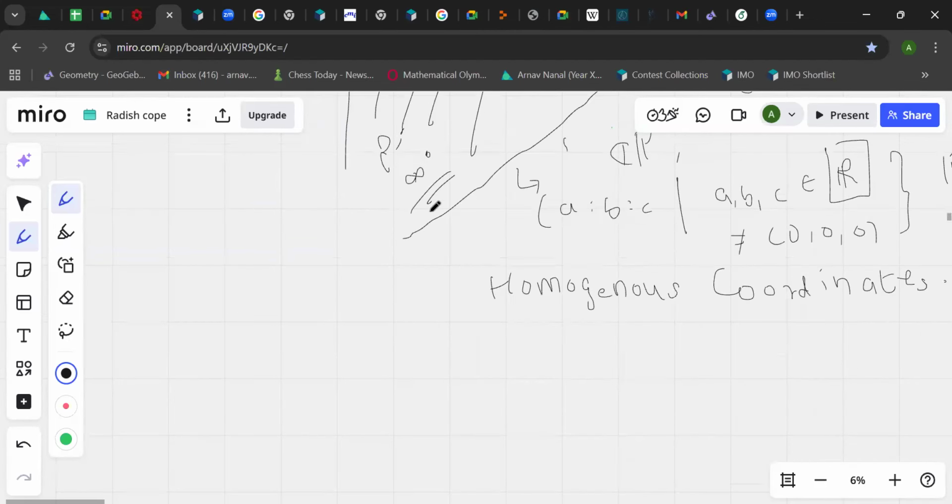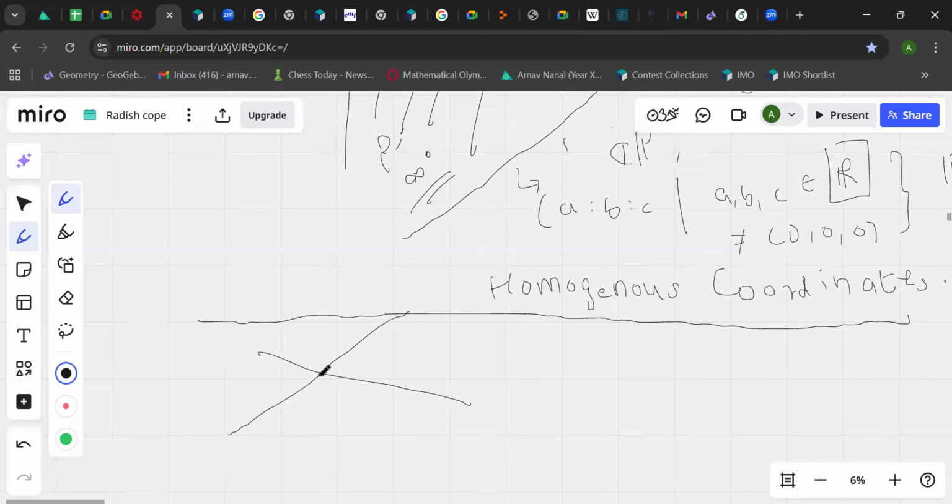So now, why did we do this? What was the problem with the normal Euclidean plane we were working in? In the Euclidean plane, if I give you two lines in general position, they define a unique point.